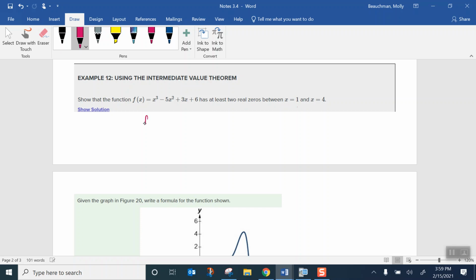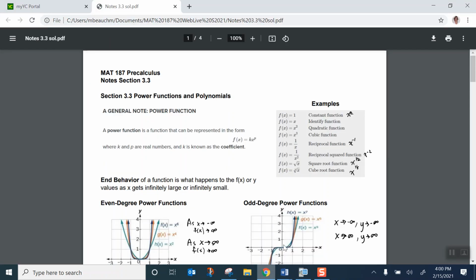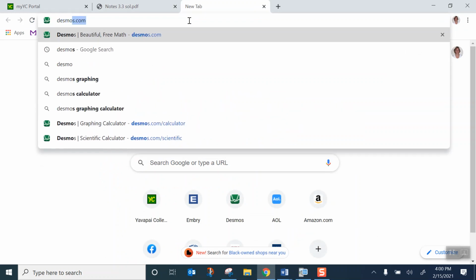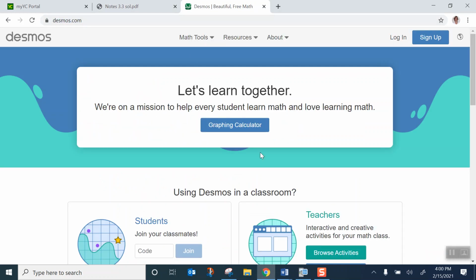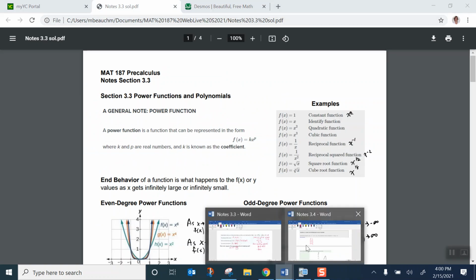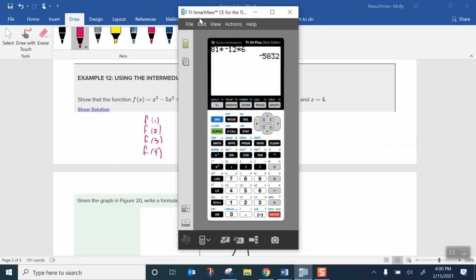What that means is to make a table of values and evaluate f at 1, 2, 3, and 4. So if you open up Desmos, or I'll just use the graphing calculator, that would probably be quicker in this case.